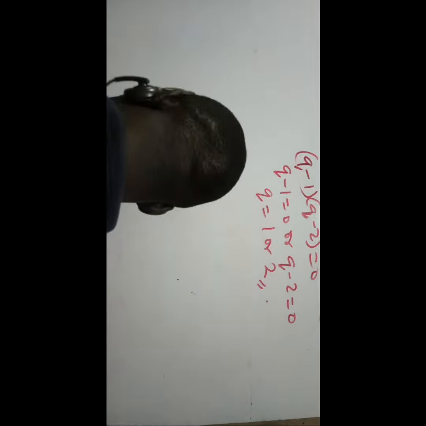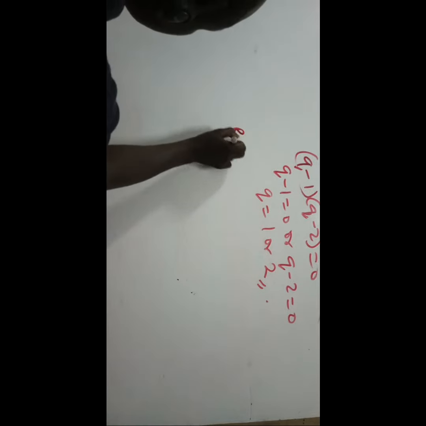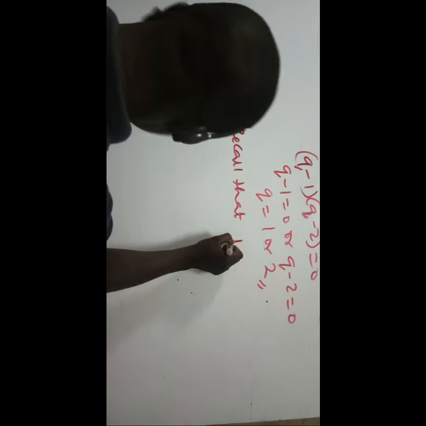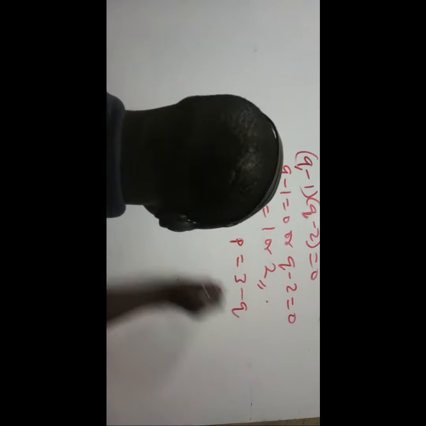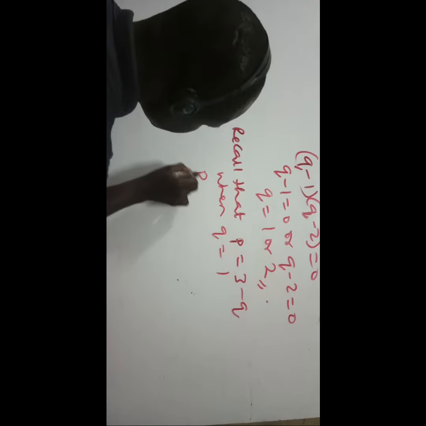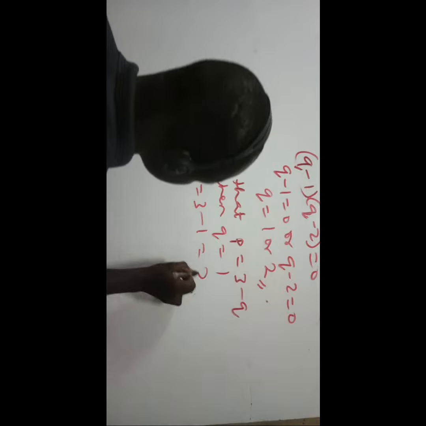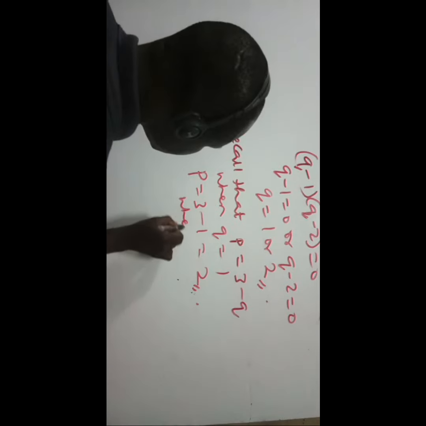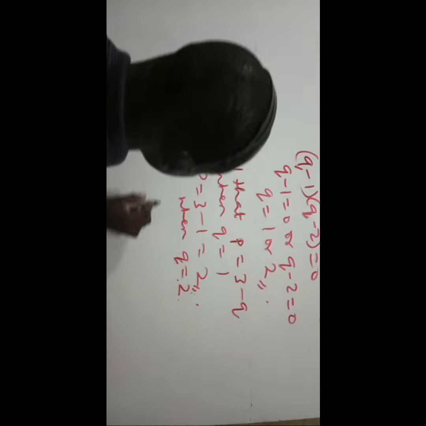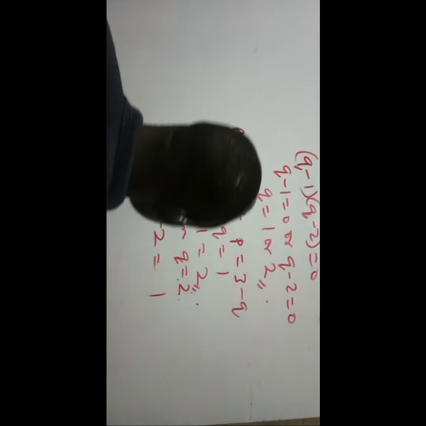We have gotten the value of q. We can now recall that p is equal to 3 minus q. So when q is equal to 1, what is p? p will be 3 minus 1, and that is 2. Then when q is equal to 2, p is equal to 3 minus 2, and that is equal to 1.